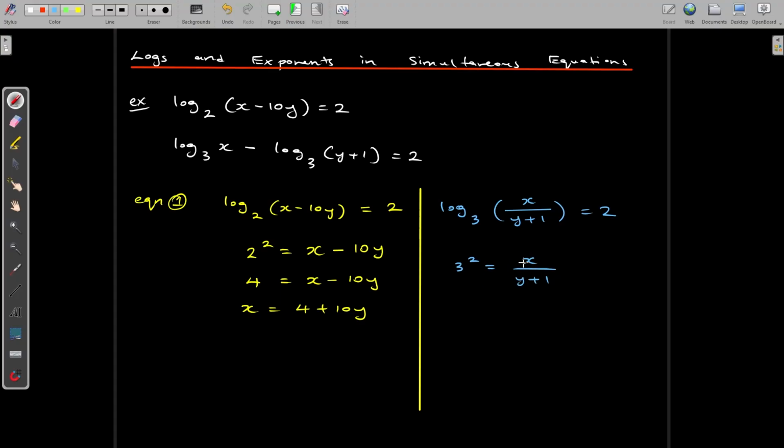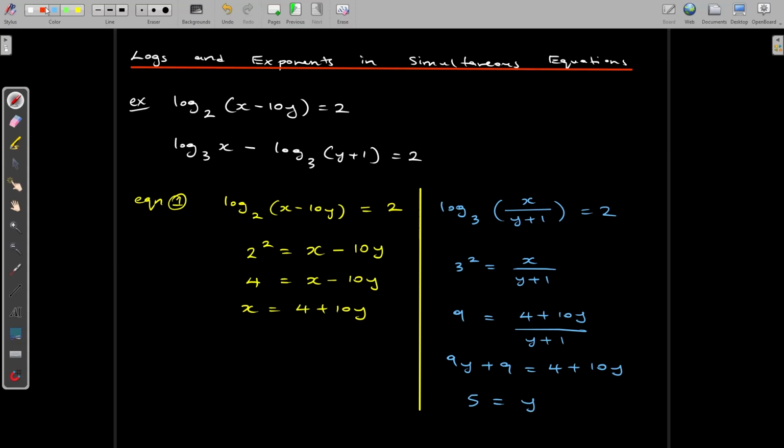So remember, we already know what x is, so 9 is equal to 4 plus 10y over y plus 1. So we can multiply both sides by y plus 1. So 9y plus 9 is equal to 4 plus 10y. Can transpose: 5 is equal to y.